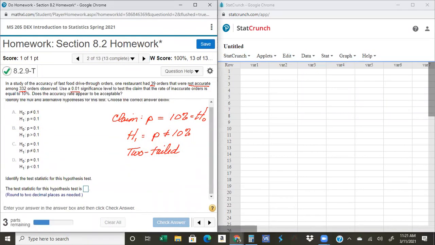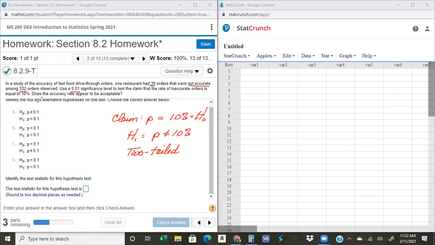Now the test statistic is Z, but it comes from P cap, which is the proportion from the test, from the experiment, from the observations. A lot of times they will not give you the number, but instead they actually give you the percent. That's fine.